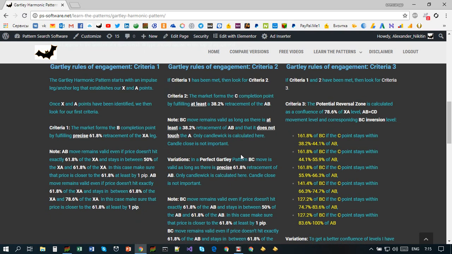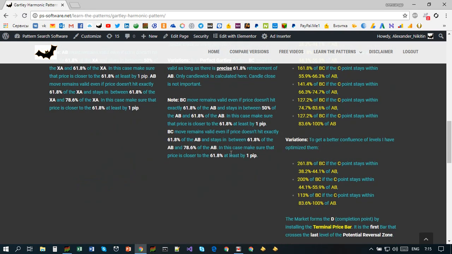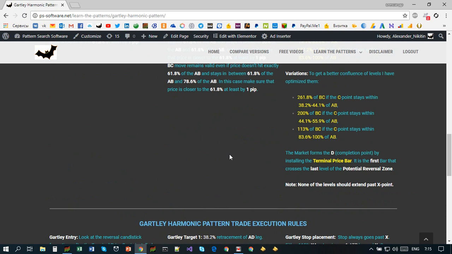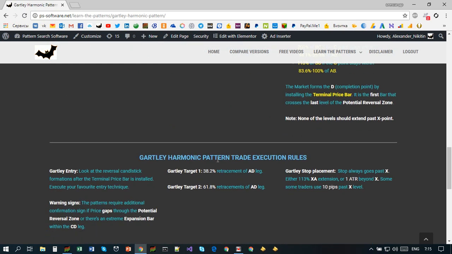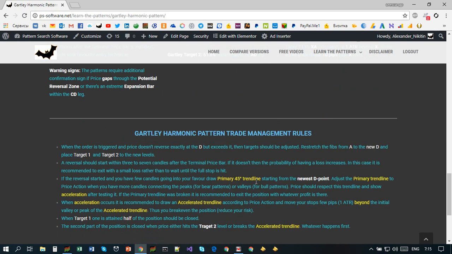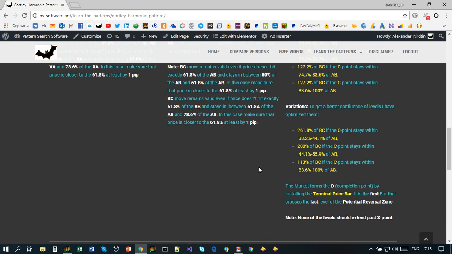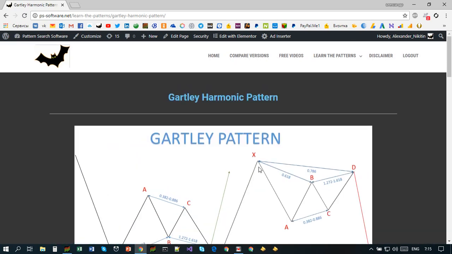So if you follow all these steps, you can perform the professional identification of a Gartley pattern according to harmonic trading approach. Also, there are trade execution rules explained and there are trade management rules explained. All 3 parts are very needed. Without one of them, or if you replace one of them by some other, the approach may have unexpected results, the pattern may have unexpected results.